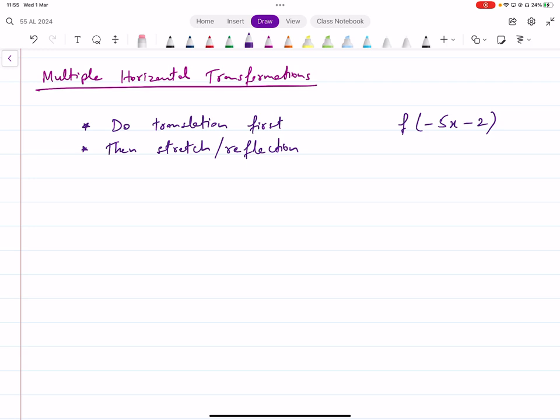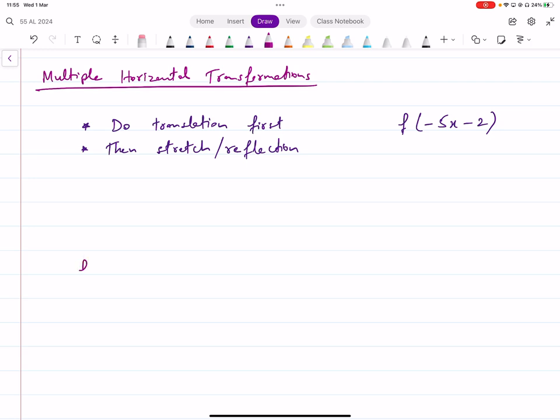Horizontal में it works the other way around. या दूसरा पहले आंसर सही नहीं आएगा, रिजल्ट सेम नहीं आएगा. यहाँ पे ट्रांसलेशन पहले करेंगे, स्ट्रेच रिफ्लेक्शन बाद में करेंगे. Is that okay? It's the same logic.